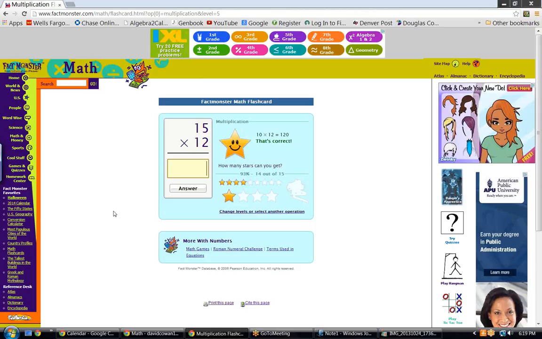You do this one? This one's pretty easy to do from left to right. What's 10 times 15? 150. What's 2 times 15? 30. So 150 plus 30. 180.